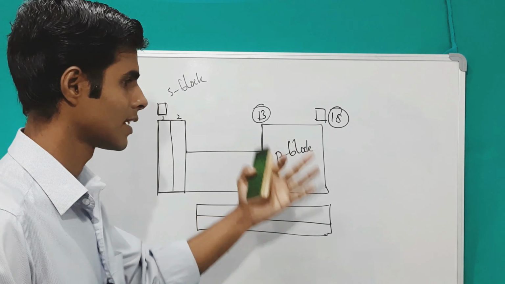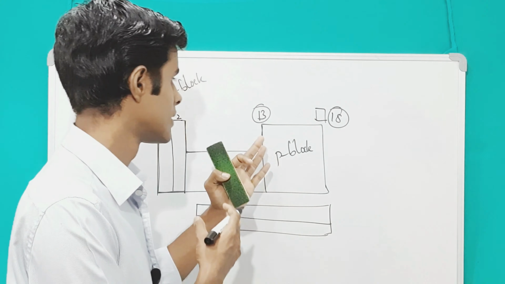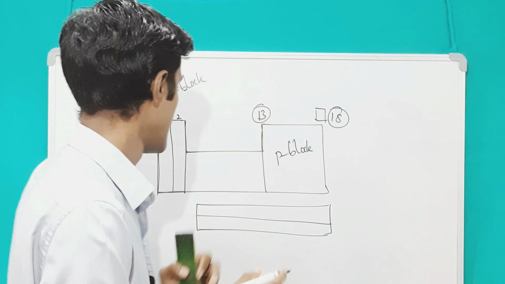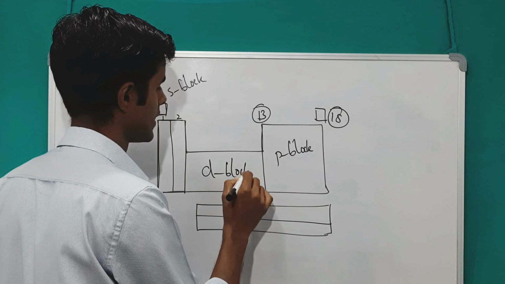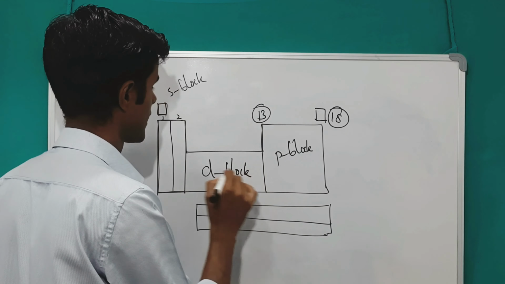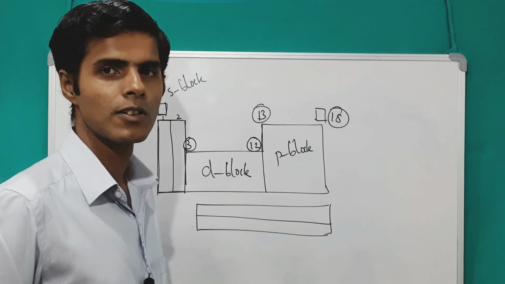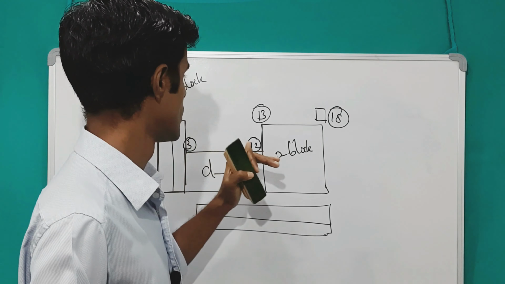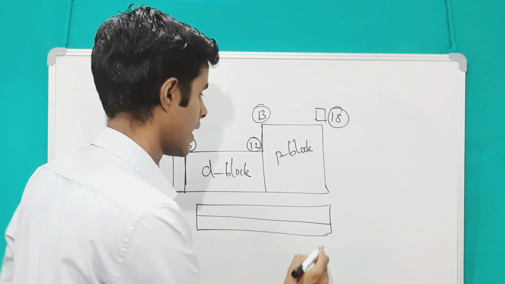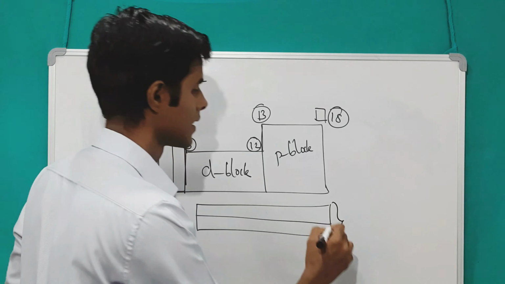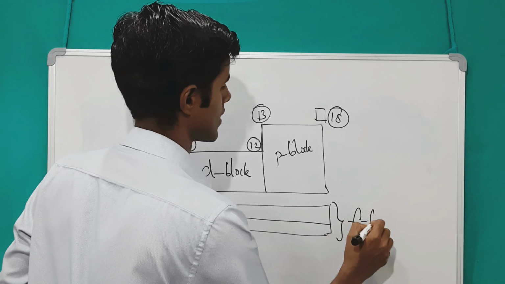Just in brief, these are the P block elements. And D block elements you can see here, groups ranging from 3 to 12. What remains here are the F block elements.